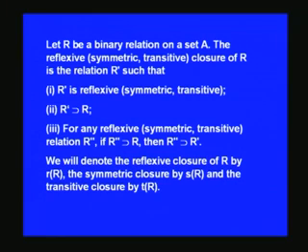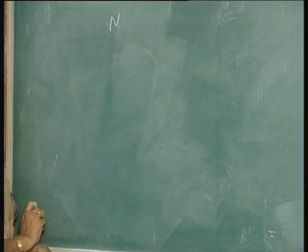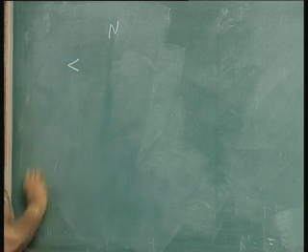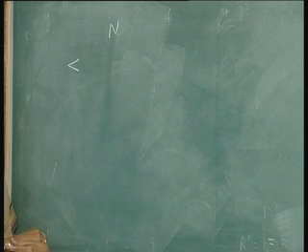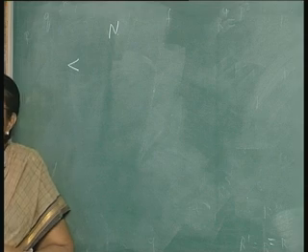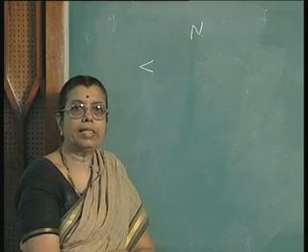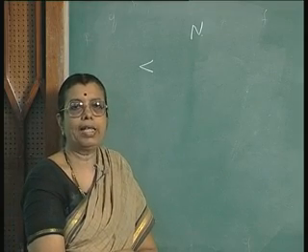Before that, let us consider some relation on the set of non-negative integers N. Look at the less than relation. What can you say about the reflexive closure of the less than relation? Less than relation is not reflexive. x is not less than x, so there will not be any self loops.